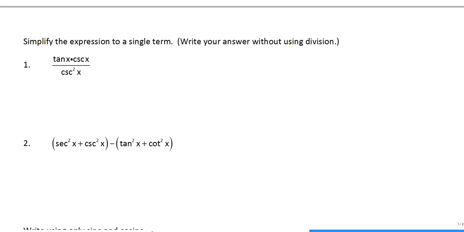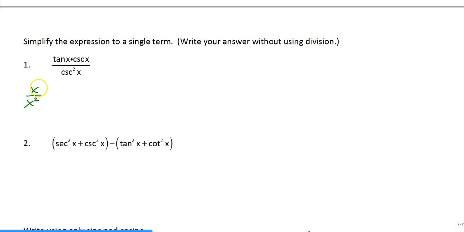So let's just simplify. If we look at the first one, we have tangent x times cosecant x over cosecant squared. The first thing that you should notice you're able to do is we have cosecant x on top and we have cosecant squared on the bottom. Now, whenever you're simplifying, you need to use correct math. What I mean by that is go back and think of this, x over x squared.